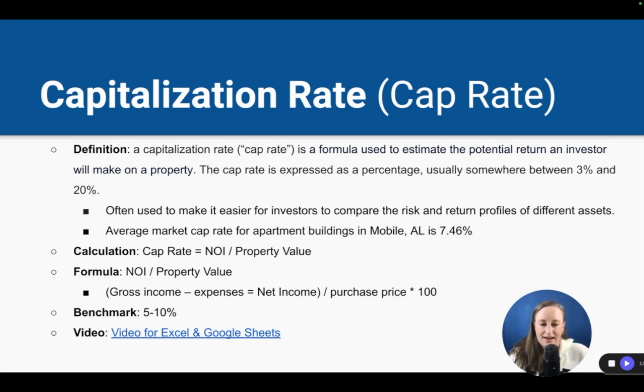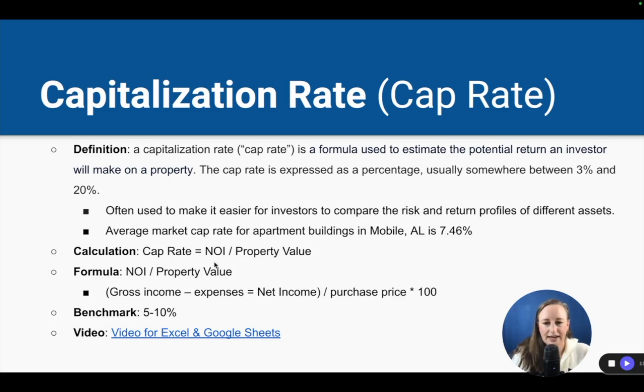As a very general example, the average cap rate for apartment buildings in Mobile is 7.46 when I'm recording this. So if you're looking at an asset, you can know very quickly how it compares to the others in your market.